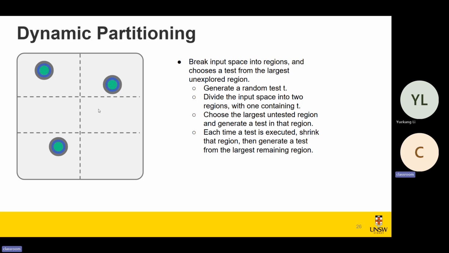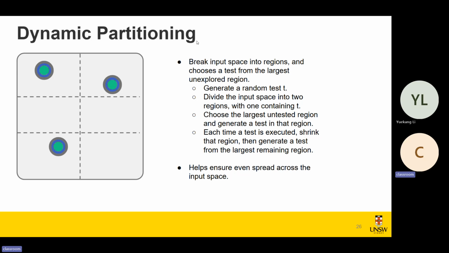Because if we don't do this kind of partitioning and we just select randomly out of the exclusion zones, then we may end up not covering certain regions, right? Because of the randomness, we may end up starving some of the regions.